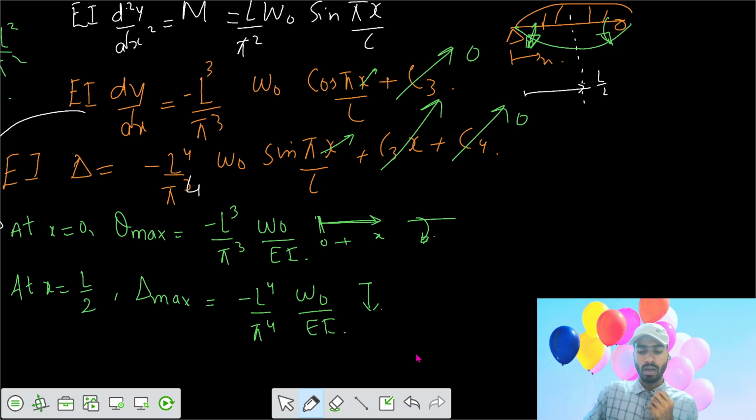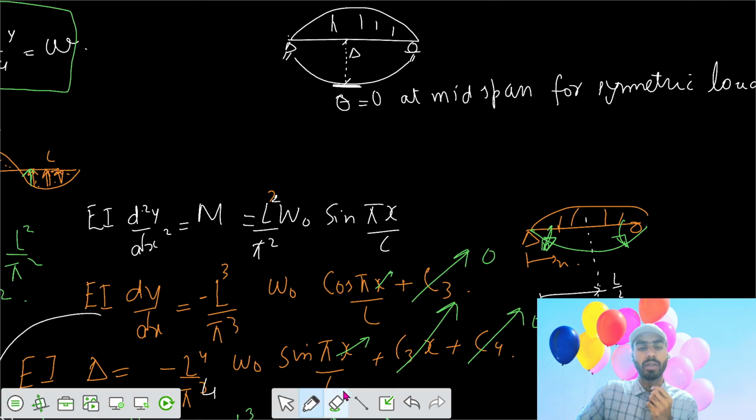Now, we earlier said that the double integration method is safe when the moment equation is uniform.